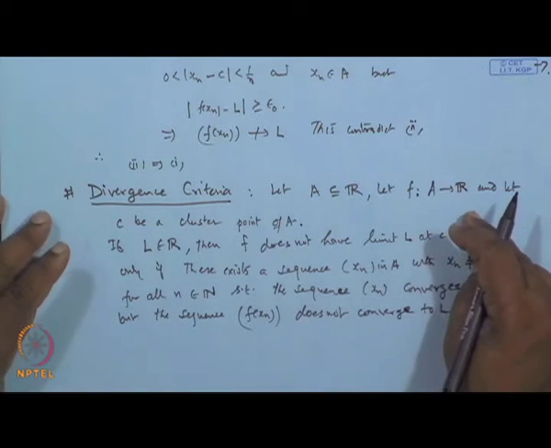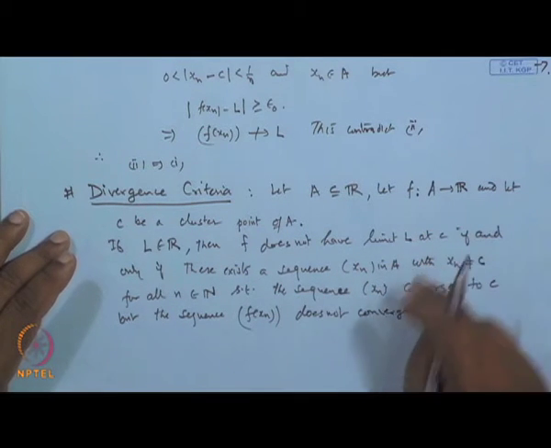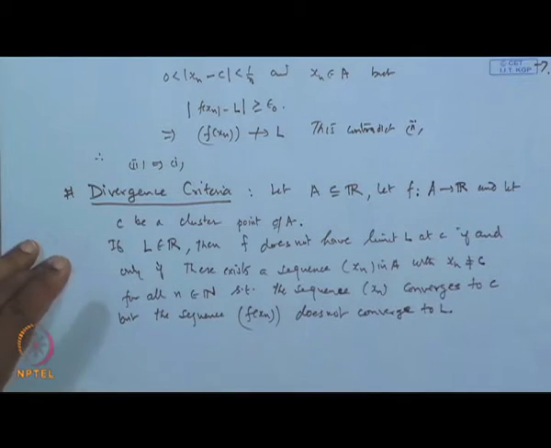The limit of the function f x when x tends to C is not equal to L, it means this will exist.